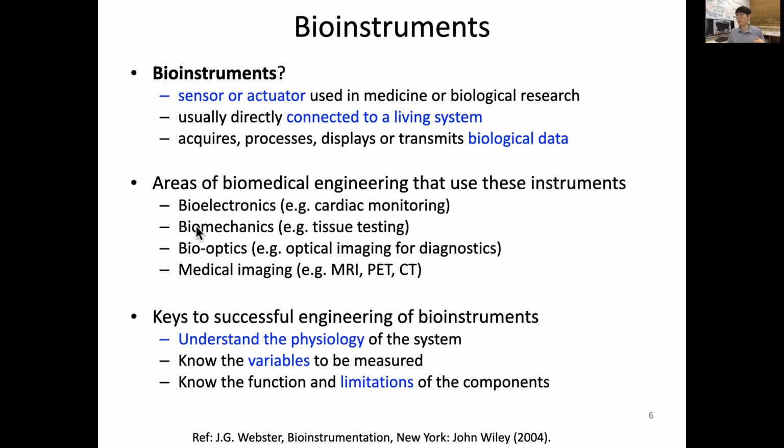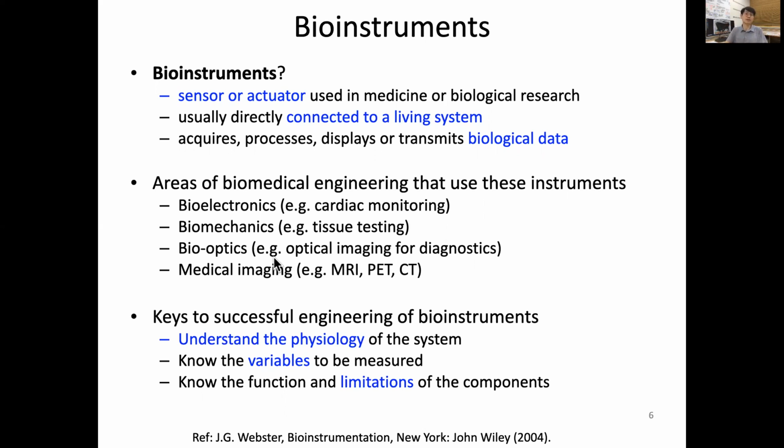For example, bioelectronics, and a good example is cardiac monitoring, or ECG, EKG monitoring devices. And biomechanics, which measures, for example, tissue testing or lung respiratory function tests. Another example is biooptics, which is optical imaging for disease diagnostics.